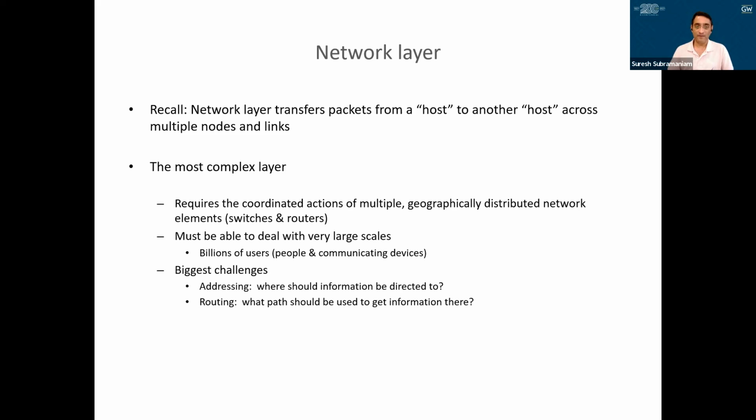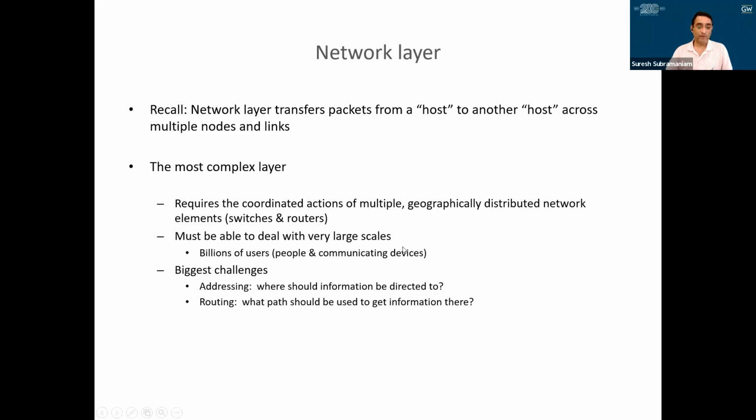So this is generally considered the most complex layer of networking, because it requires the coordinated actions of multiple geographically distributed network elements, switches and routers. It's not just one node that's making decisions. You have to coordinate with various other nodes to ensure that the packets are transmitted from a host to another host, right?